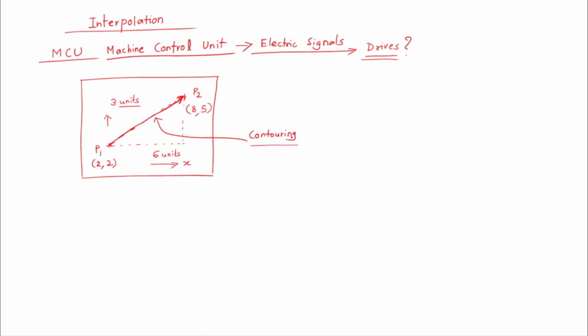Now to move from P1 to P2 along this path, we have to give signals to the motor which is controlling the X axis, the X axis drive, and there is a Y axis drive.